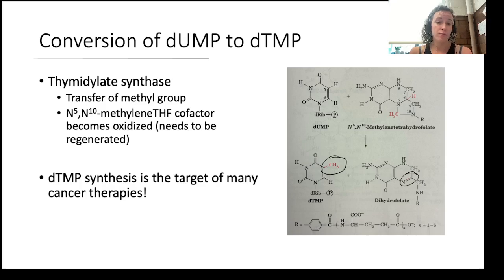One interesting point about this process here, folks, is that dTMP synthesis is a main target of many cancer therapies. So, right, cells can't grow without having thymine to incorporate into their DNA. So this is a good place to target for cells that require a lot of replication of their DNA.